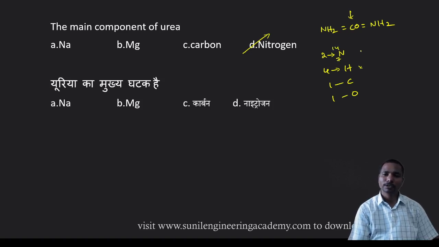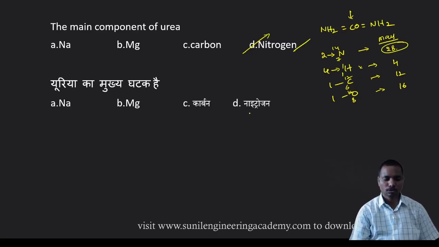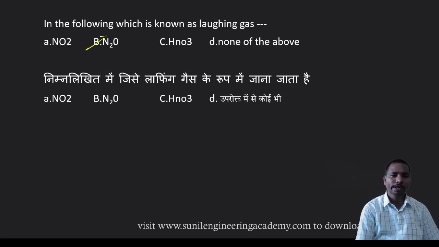Nitrogen 7 and 14, so total atomic mass 14 into 2, that is approximately 28. Hydrogen H11 only, its mass is just 4. Carbon 6 12, its mass is 12 only. Oxygen 8 16, its mass is 16 only. So what is the main component? That is nitrogen. Very important. Which is also known as laughing gas? That is N2O, nitrous oxide.